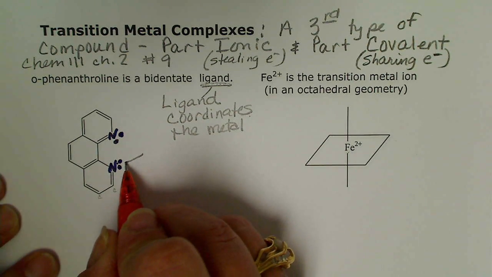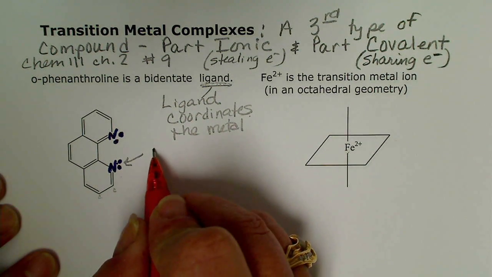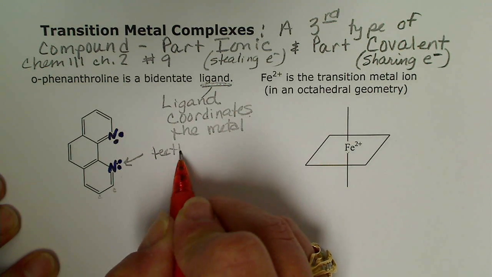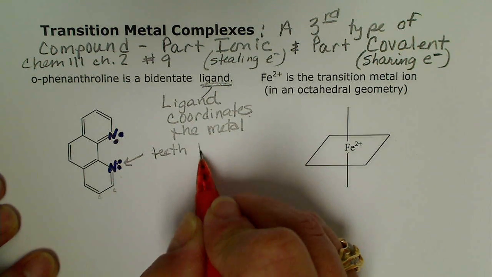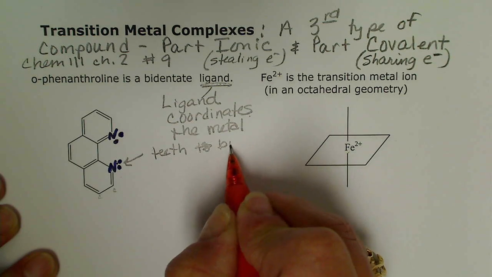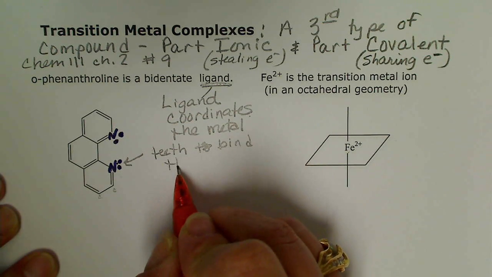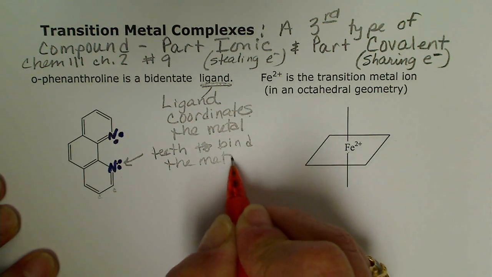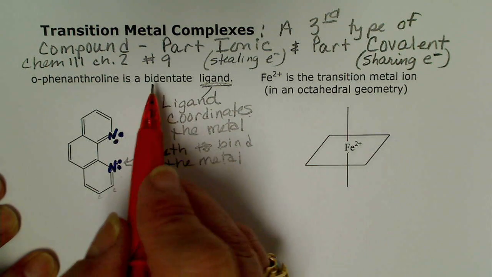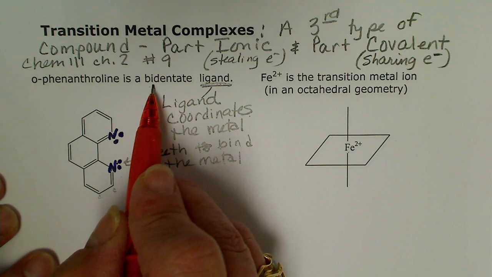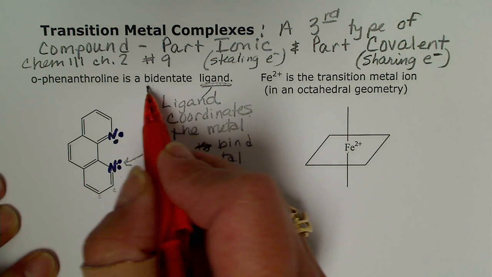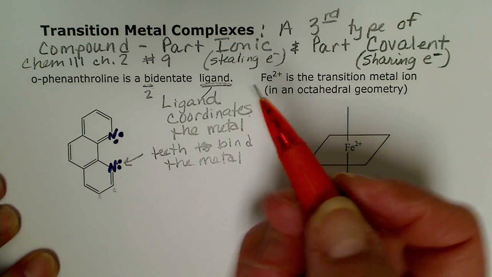And we're going to think of the lone pairs as teeth. So the teeth serve to bind the metal, so to speak. And so the term bidentate, in this case, bi means 2.